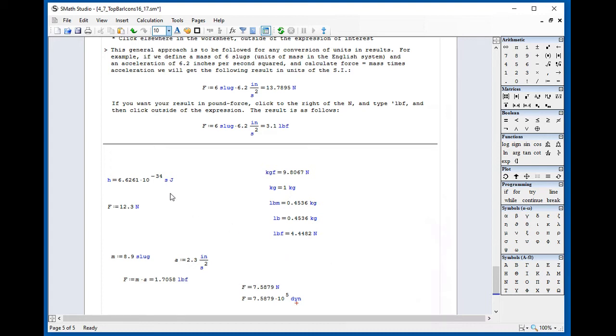For example, this is second times joule, right? A joule is a unit of work. That's a newton times meter. So I could type here quote and say, okay, I'm going to do "Newton" times "meter" divided by "second".